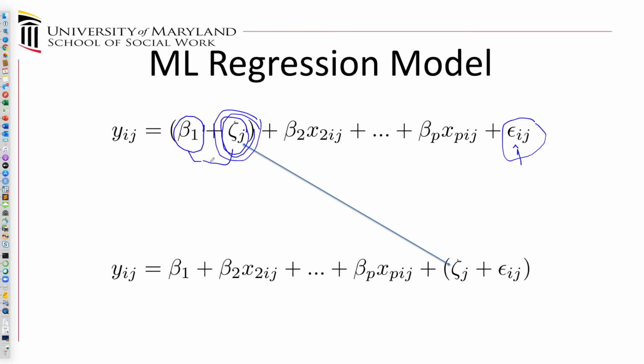So when I say random intercept, what we are allowing is a random variable characterized by a distribution to specify a separate intercept for each mother. And we can see that by just moving that zeta over here. And for each mother, we now have their individual intercept. So each mother is allowed to have her own intercept.